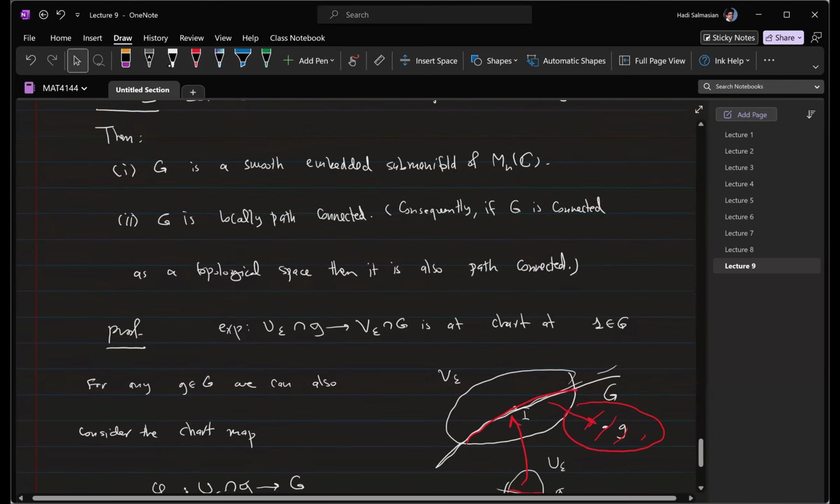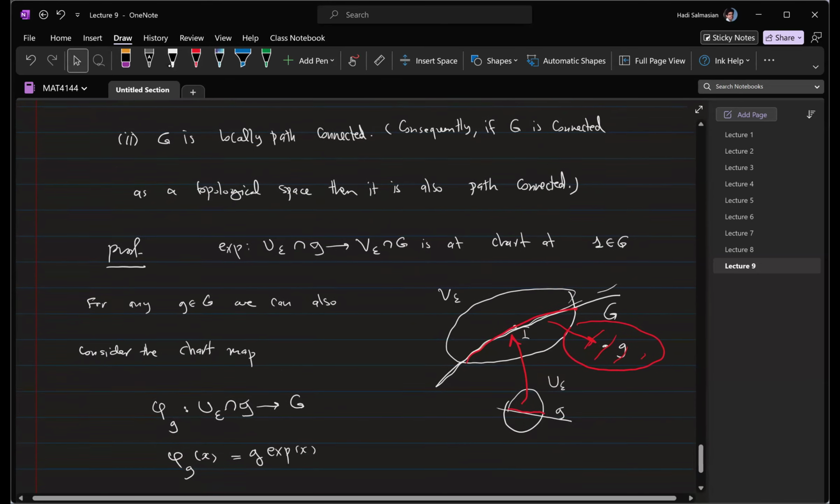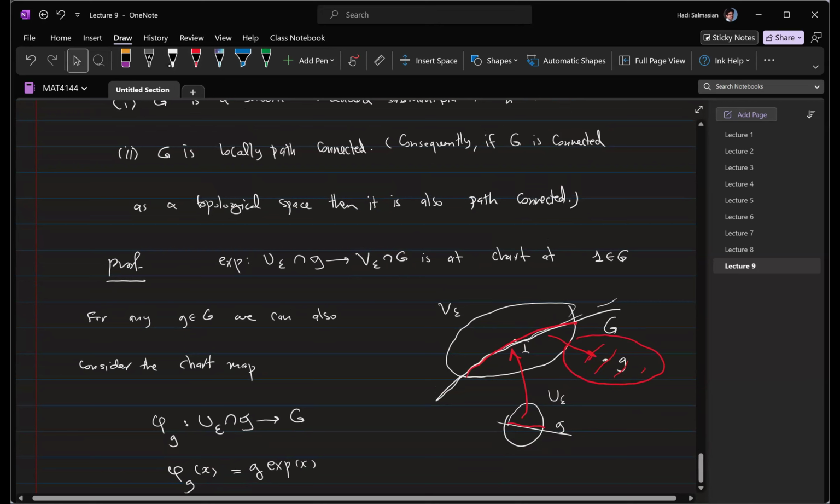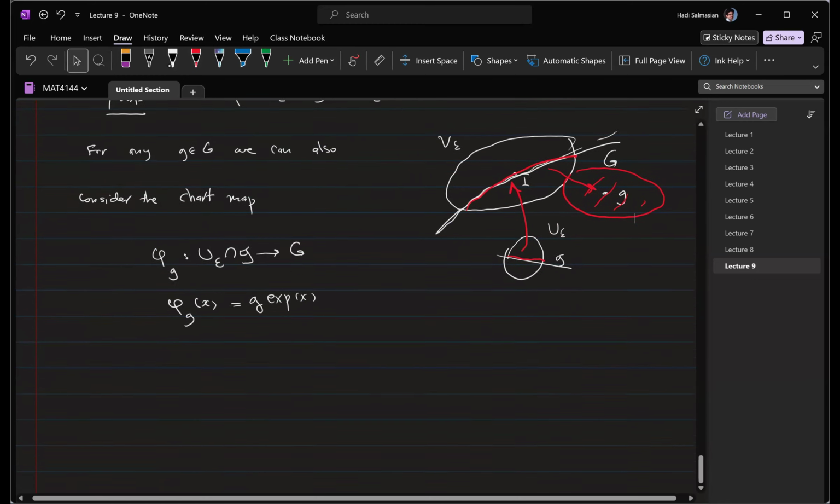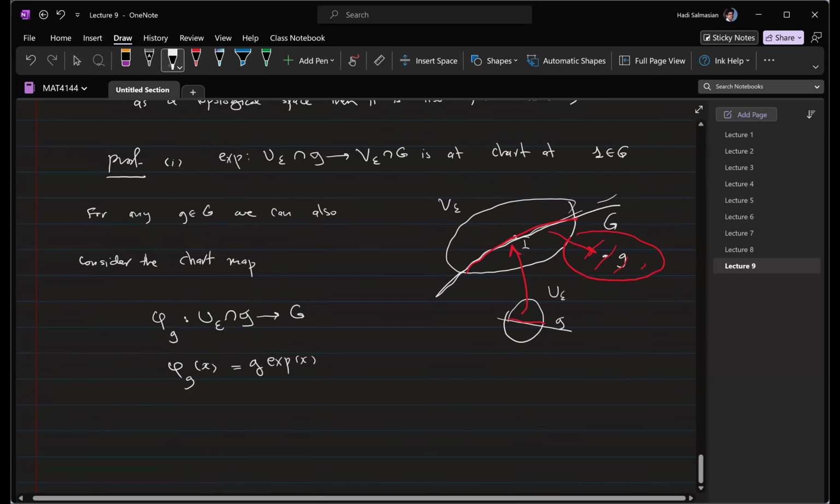And what about the second part? This is the locally path connectedness. The local path connectedness is a consequence of these charts. This was for one, and now what about two?